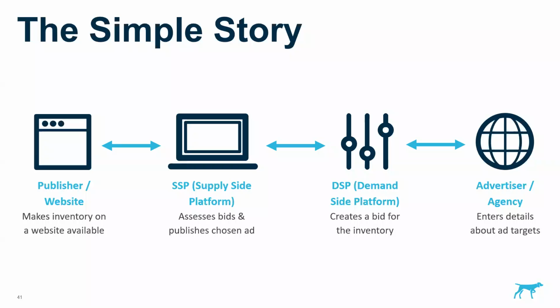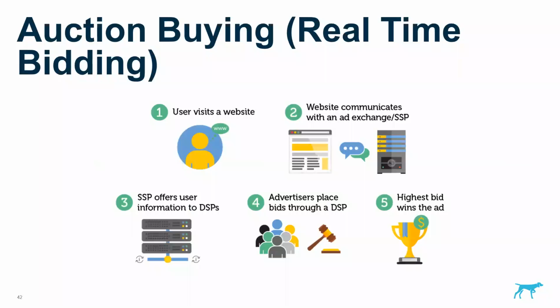And the SSP and the DSP talk to each other, evaluate which bid's best for the publisher, and then sort of gets the ad off the DSP, sends it through the website. Now this all happens instantaneously. This is fraction of a second stuff. And it happens, God knows how many millions of times a day. So it's all actually quite impressive technology in terms of the real-time bidding.